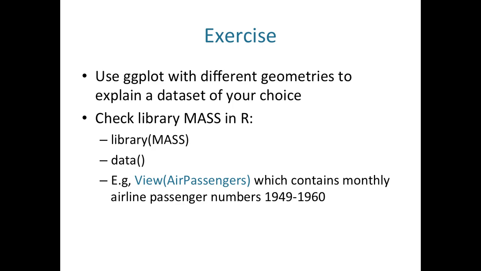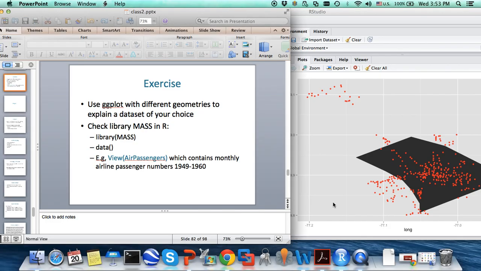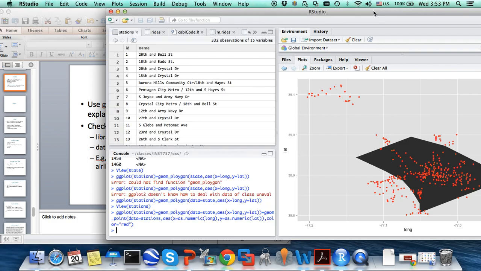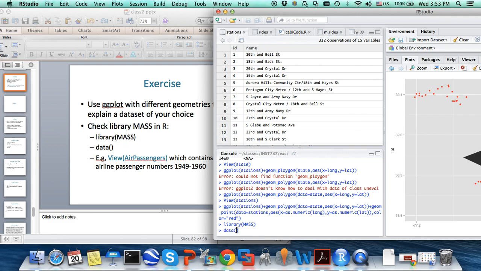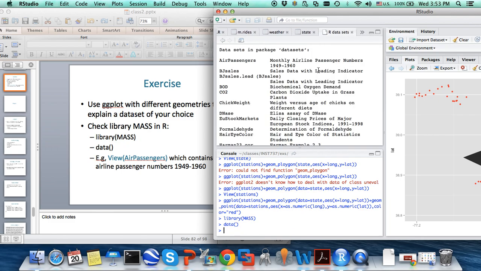For example, MASS is a library, and if you type library MASS into R, you will see that you have a lot of information regarding airline passenger numbers for around 10 years in the 50s. Okay, so if you look into that, if you load library MASS, okay, and then data, basically you have here all the information.